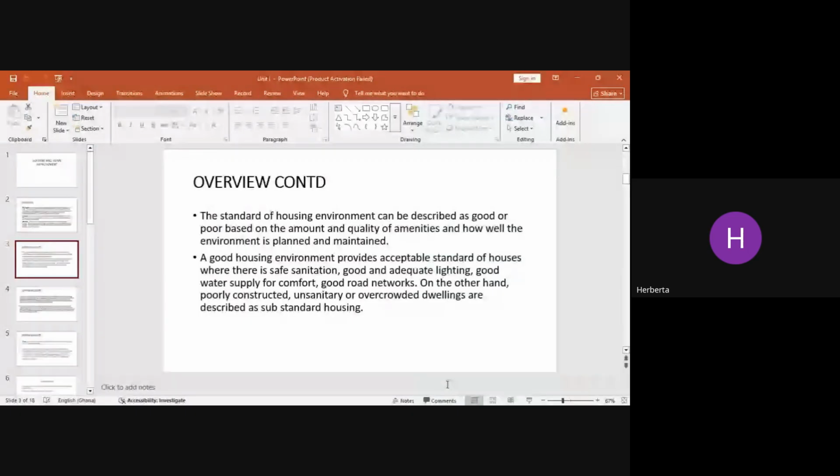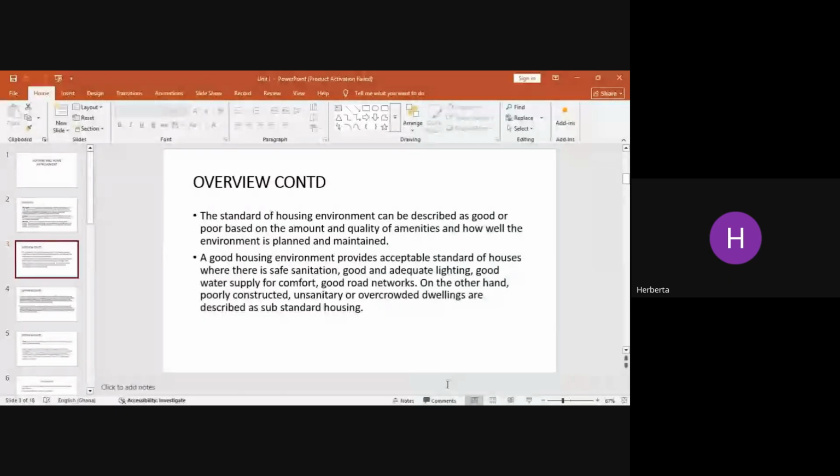You have a hospital. You have all the facilities that make life comfortable for you to live in. Then the environment is safe from armed robbery and theft cases. When you have all these in your environment, you can say that the housing community is a good one.